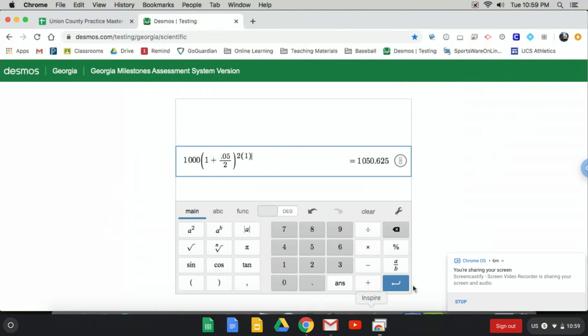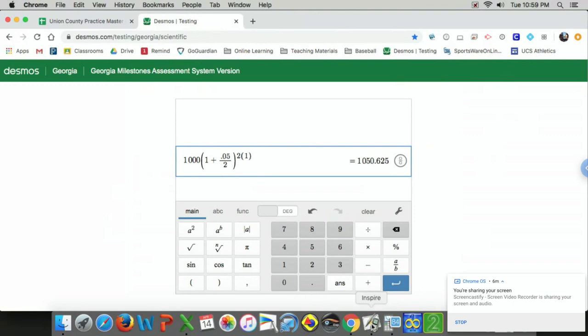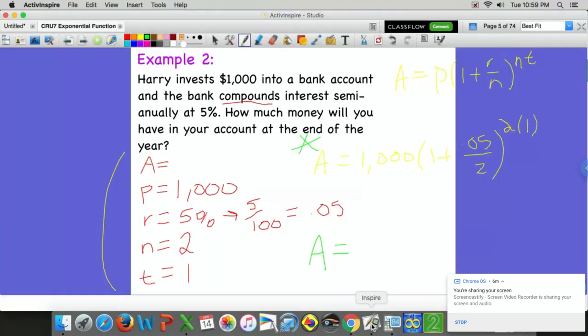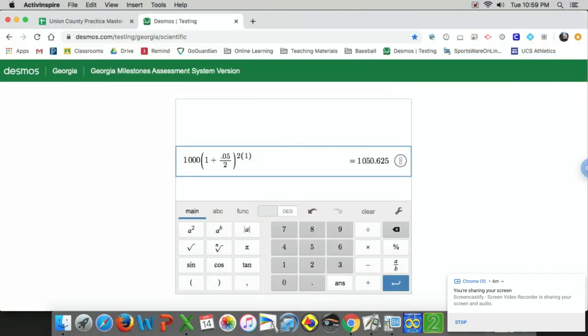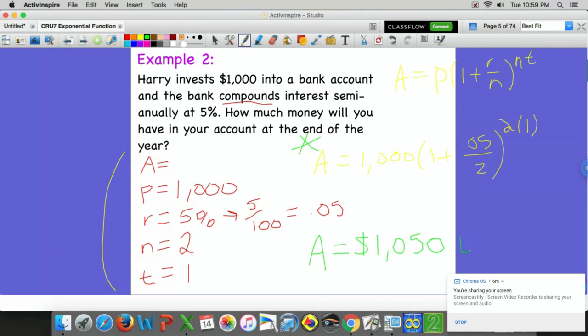Going back to our screen here, our new total amount is going to be 1,050.63. That's going to be the new total after 1 year in that account at that certain percentage compounded semi-annually.